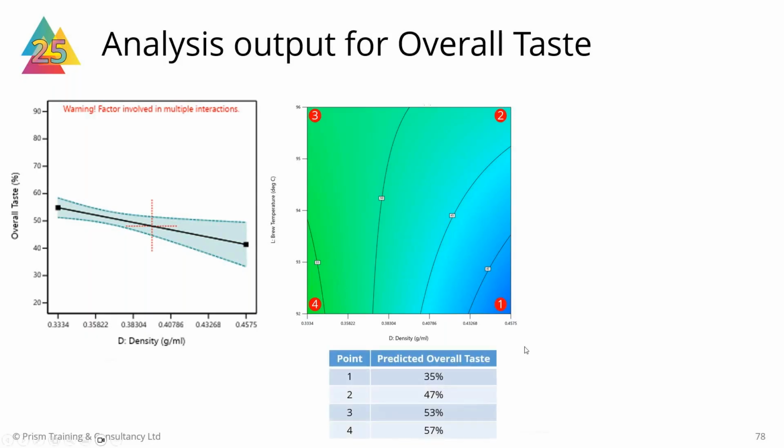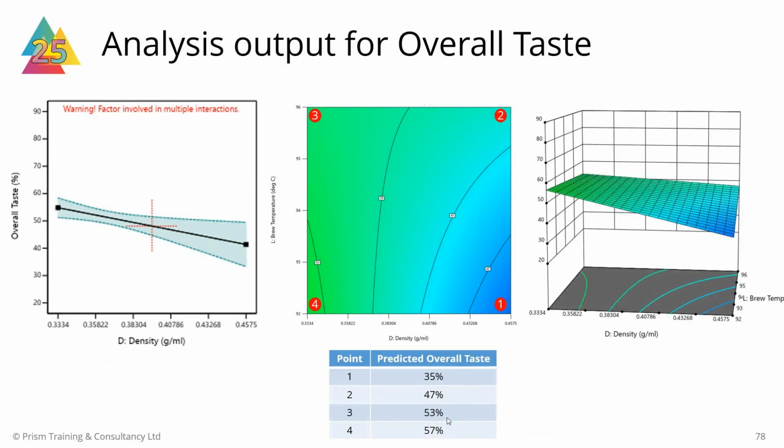And it makes a big difference. These four corners of this contour plot, there's a swing of 20+% in terms of improving the flavor. So once I've measured the density, I can control my process. I can adjust the temperature to make that density coffee taste as good as possible.